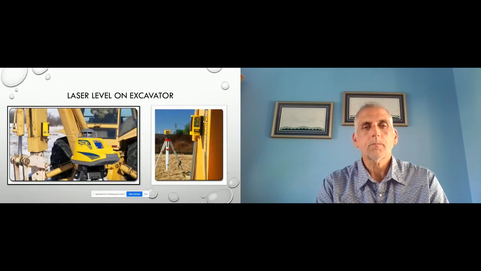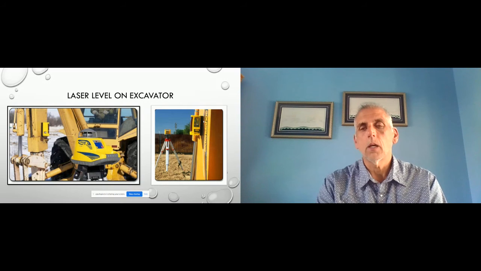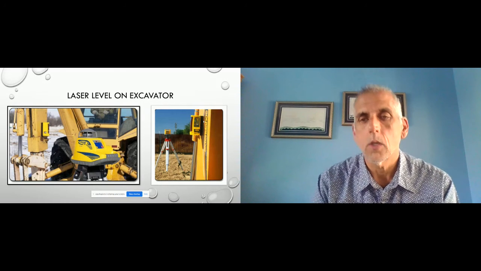We're now seeing contractors getting rid of the person in the ditch. They'll put the receiver for the laser on the boom of the backhoe, so they're able to find out if their trench is level without having that extra person in the ditch. And if you're doing a chamber, you don't need anybody in there to shovel the gravel.